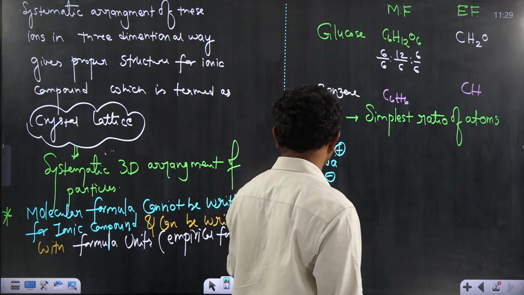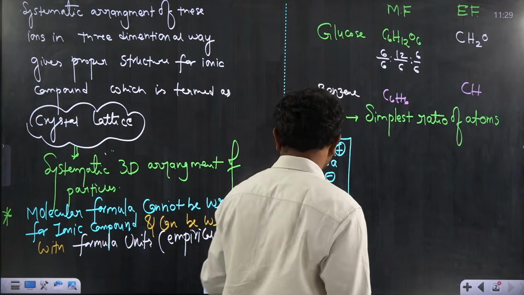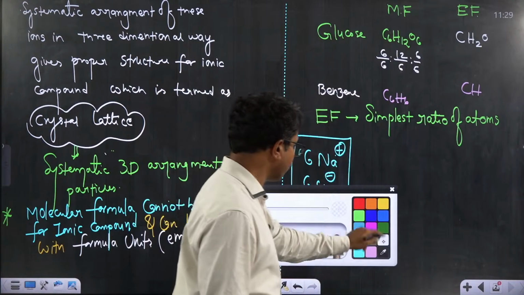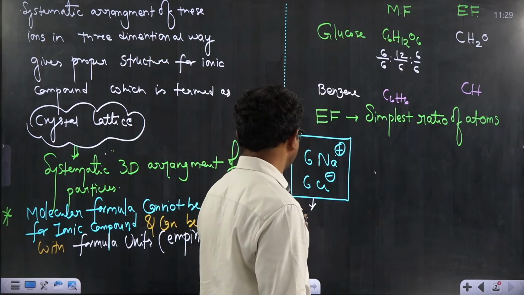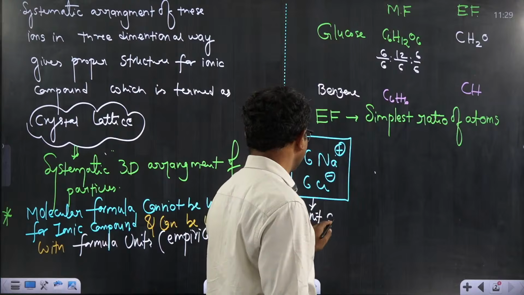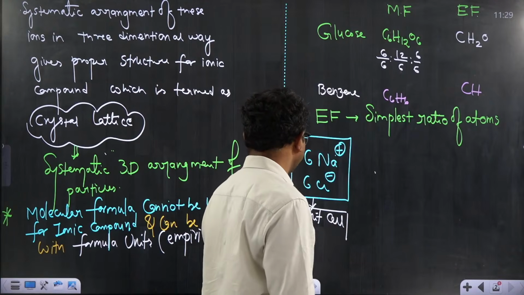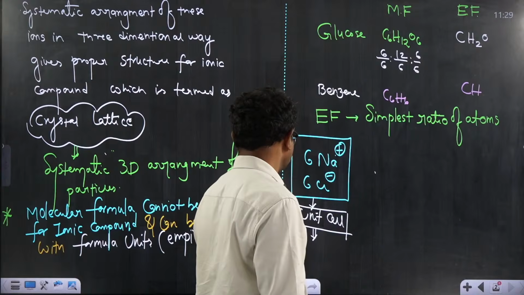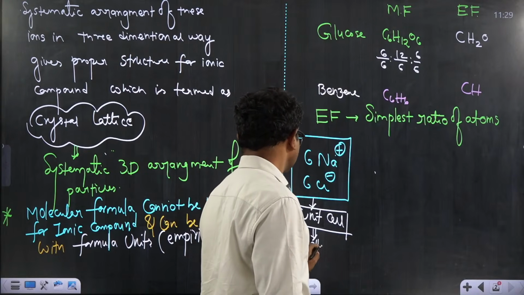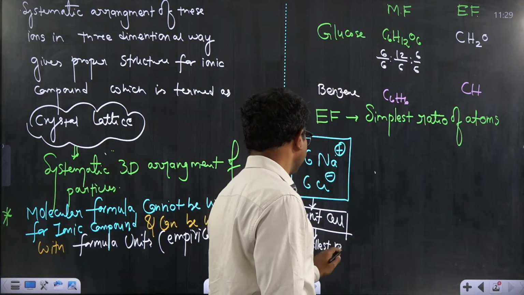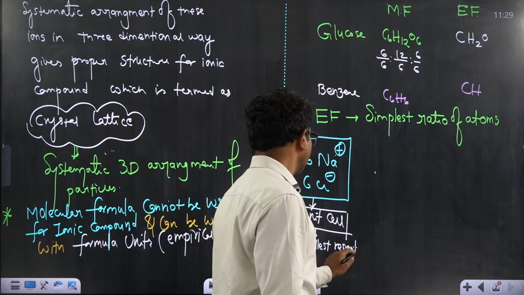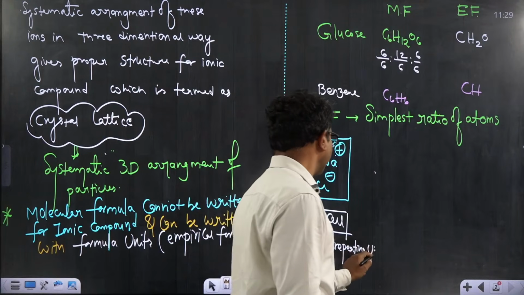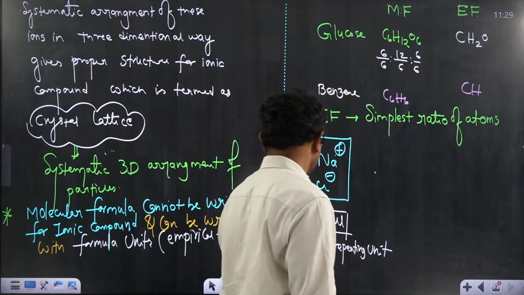I am not trying to deviate, okay? If you take a particular unit cell, I refer to it as a unit cell. Unit cell means the smallest repeating unit of crystal lattice.